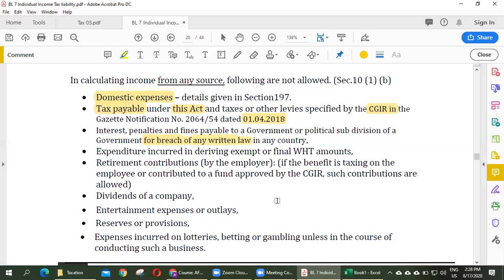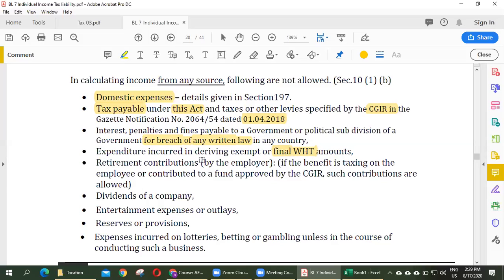Right? If you do not obey a rule, you will be fined by the government or by the court. So that amount, penalties and fines, are not allowable expenditure. These are disallowable expenditure. Expenditure incurred in deriving exempt or final WHT amount is also not deductible.